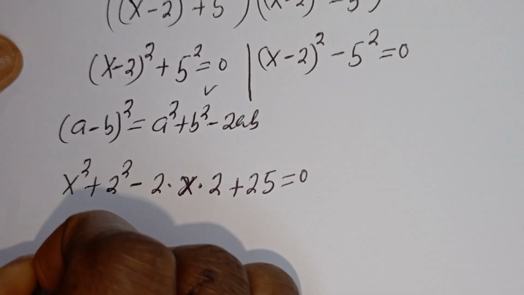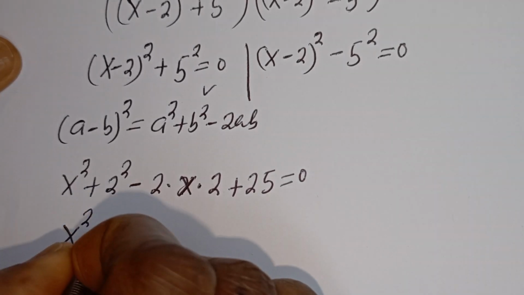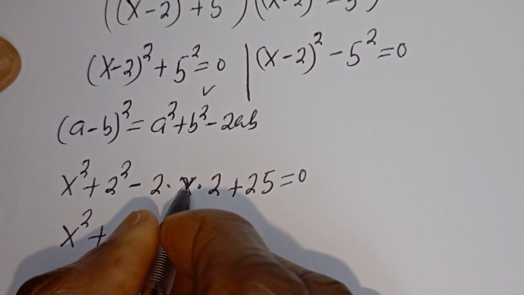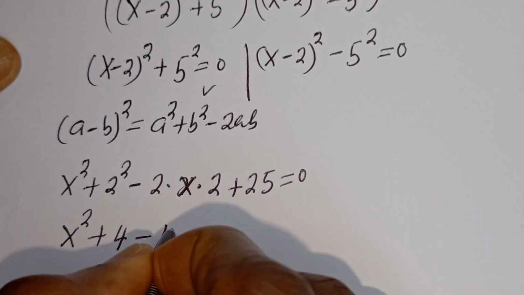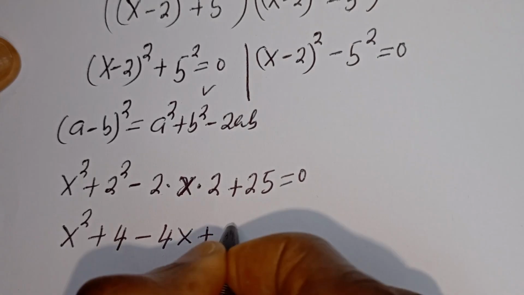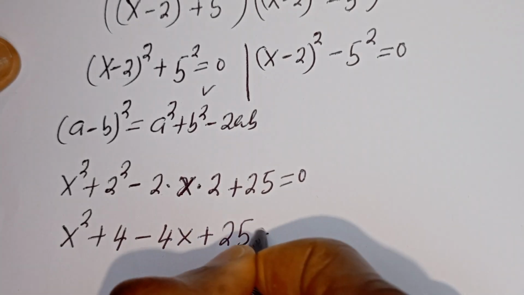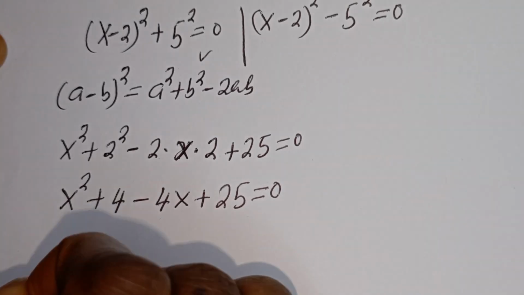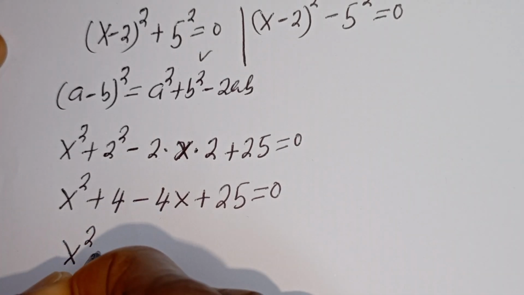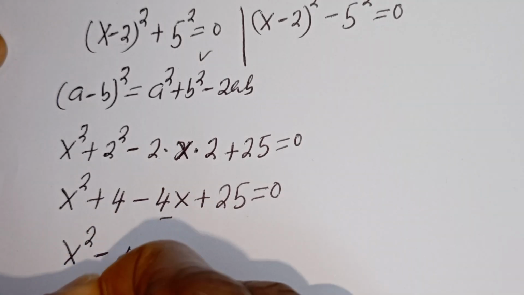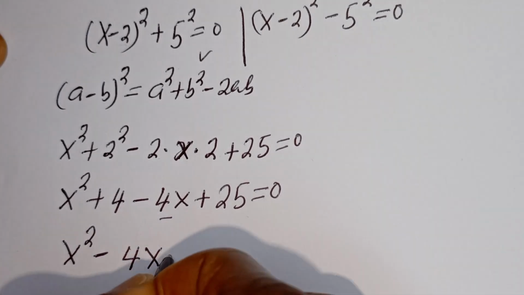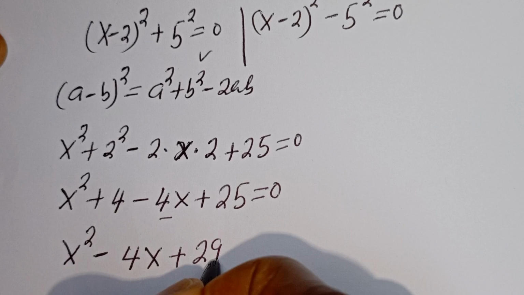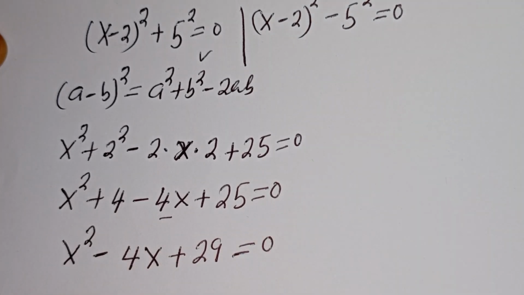Now we have x square plus 2 square, that is 4, minus 2 times x times 2, that is 4x, plus 25 is equal to 0. Then this is x square minus 4x plus 4 plus 25, that is 29, is equal to 0.